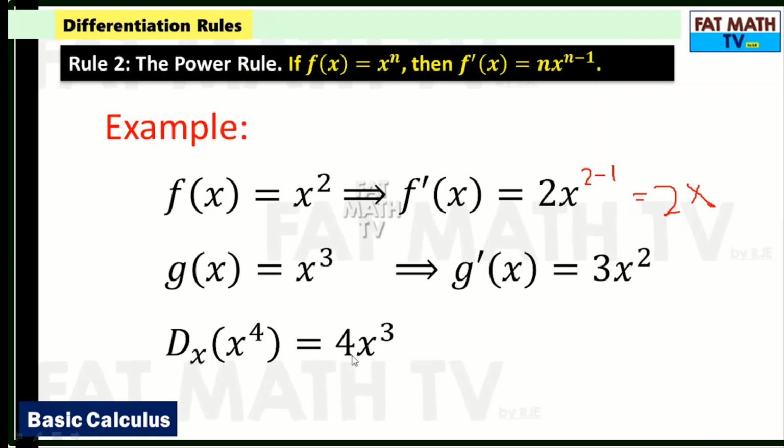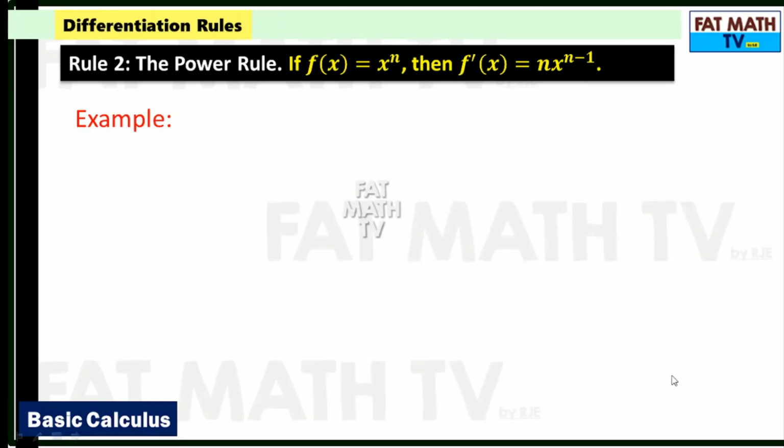Make 4 the coefficient and subtract 1 from 4, you will have 3. And the derivative of x raised to 5 is 5x raised to 4. The exponent 5 becomes the numerical coefficient, and you subtract 1 from 5, you get 4.